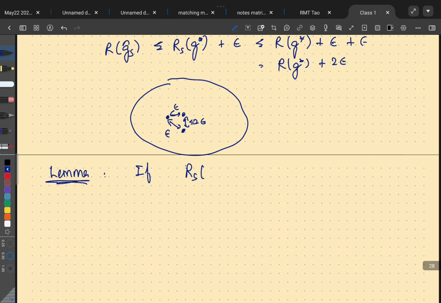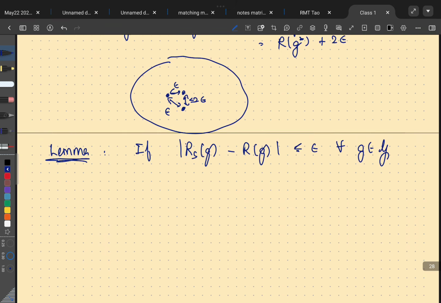If R S of G minus R of G is less than or equal to epsilon for all G in the class, then the risk of the ERM minus R of G star is going to be less than or equal to 2 epsilon.